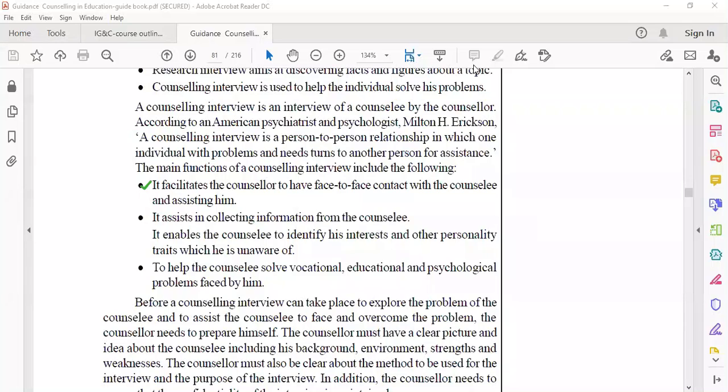And then the most important thing, whether the interview is structured, semi-structured, or non-structured, remember, the whole information during the interview is recorded.